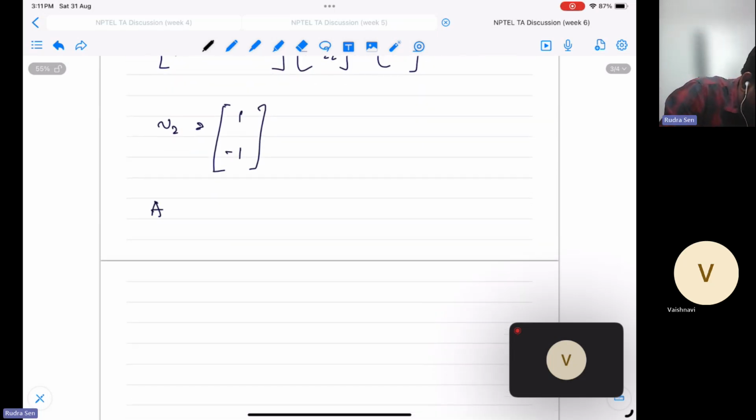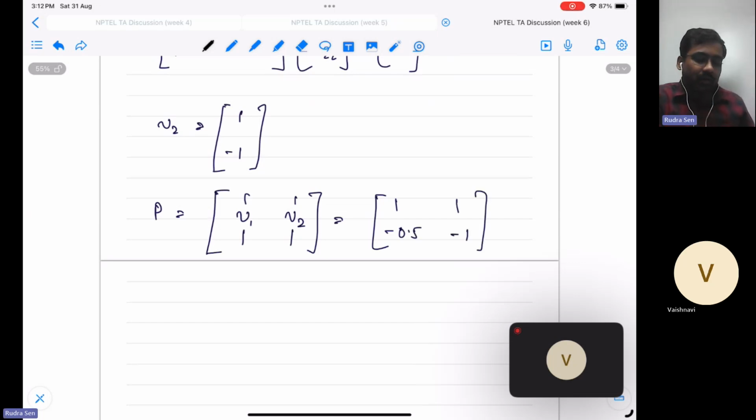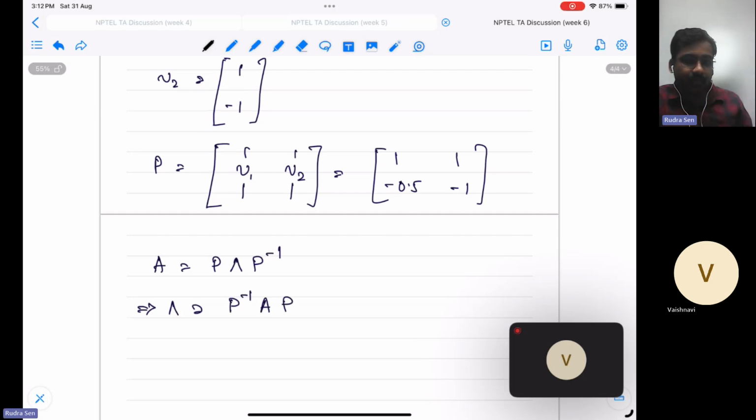So the P matrix is basically the eigenvectors put in the columns of the P matrix. So we get 1, minus 0.5 and 1, minus 1. This is linearly independent, so we can find the P inverse of this matrix. Okay. So we know that A equals P lambda P inverse, so definitely lambda equals P inverse A P, right?